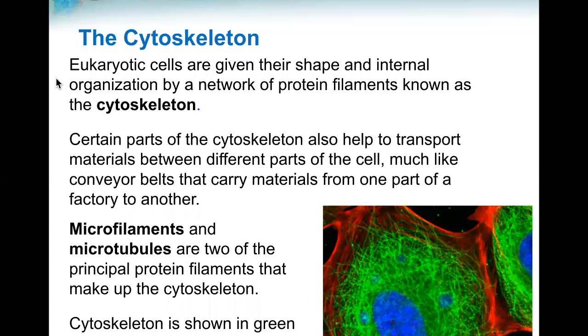Eukaryotic cells are given their special shape and internal organization by a structure of protein filaments known as cytoskeleton, the green portion. Certain parts of the cytoskeleton also help to transport materials between different parts of the cell, much like conveyor belts that carry material from one part of the factory to another. Microfilaments and microtubules are two of the principal protein filaments that make up the cytoskeleton.